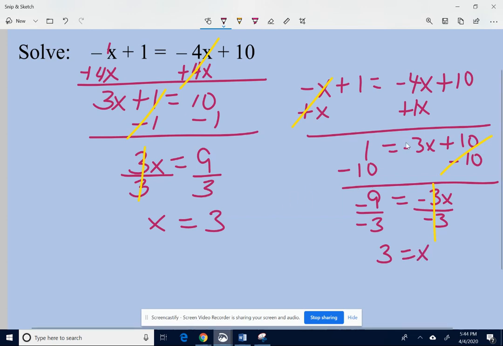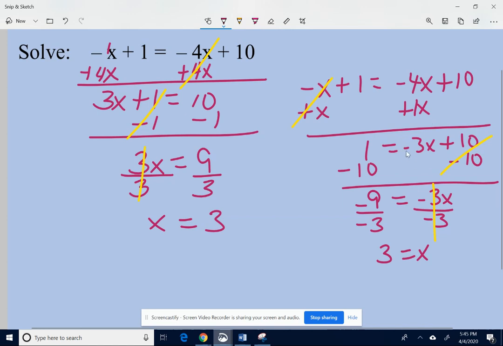Okay, I wanted to go over this just to prove to you that it wouldn't matter, and also to show you that if we would have added the x instead of the 4x, we're going to end up with the negative x term, which is not that big of a deal, but kids usually would prefer not to.